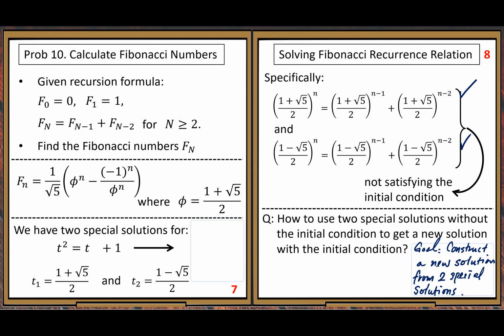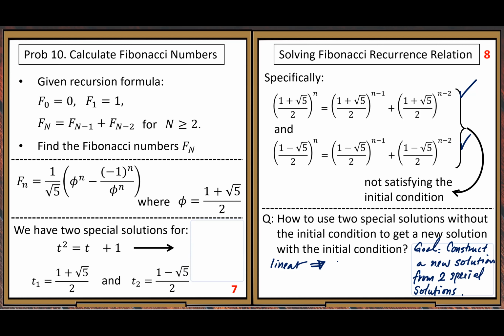Let me repeat that long name: second order linear homogeneous recurrence relation with constant coefficients. In that long name, there is one word called linear. This property is useful here.